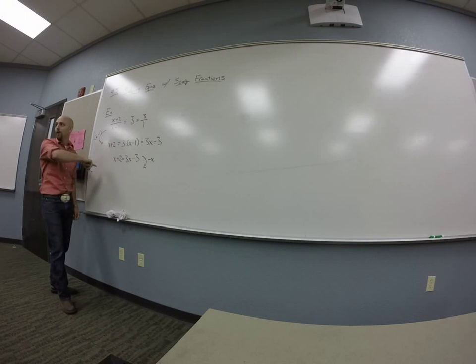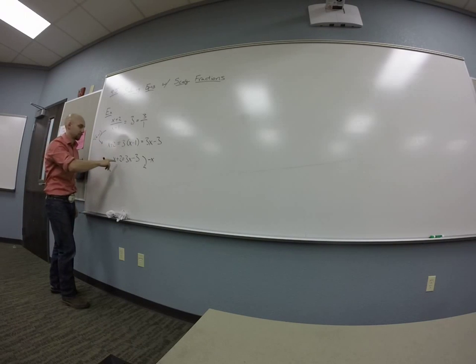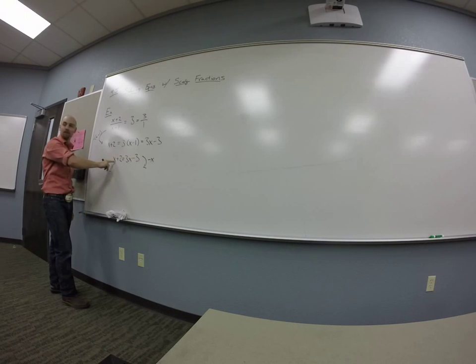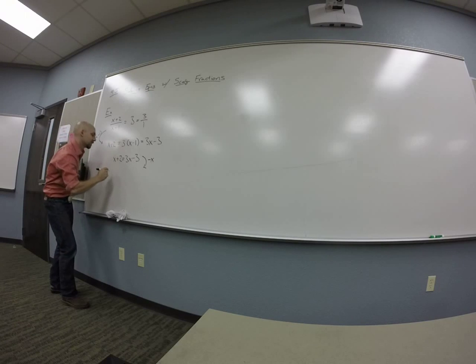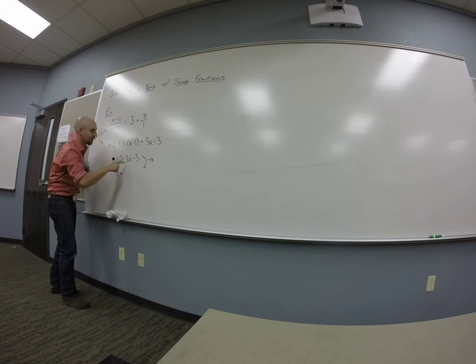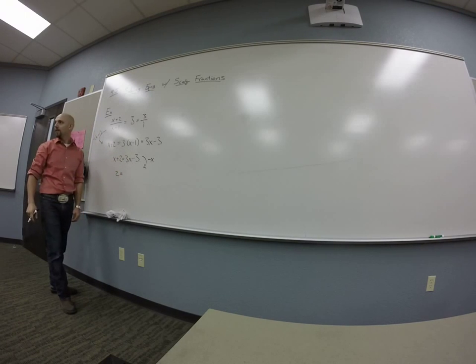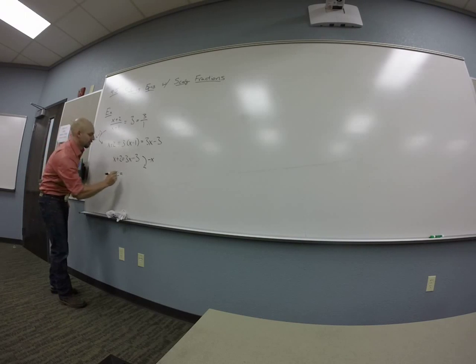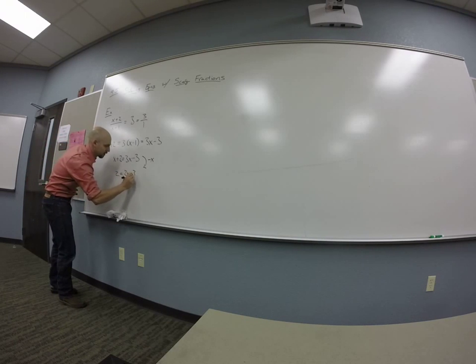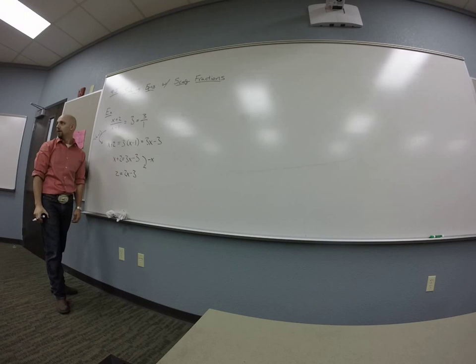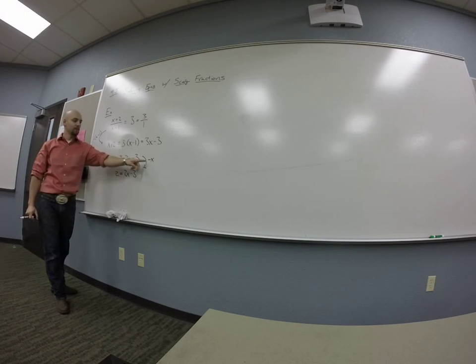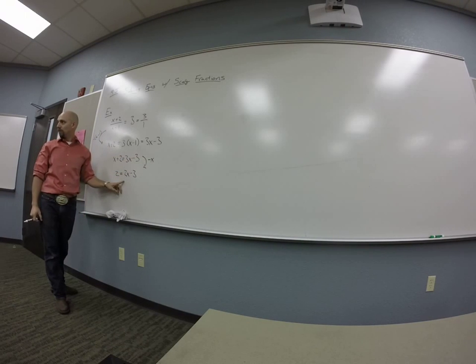So what will that leave me with? On the left, subtracting x, I get a 2 on this side. And on this side, I've got 2x minus 3. Right, I had 3 x's. Somebody came and took one away. That leaves me with 2 of them.